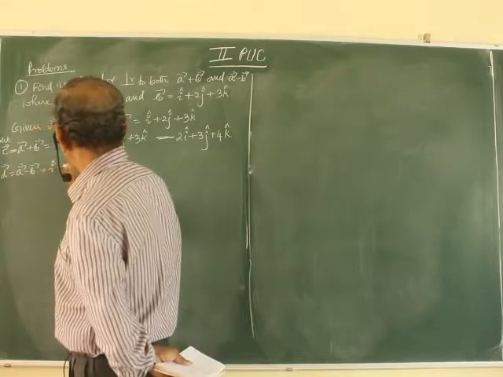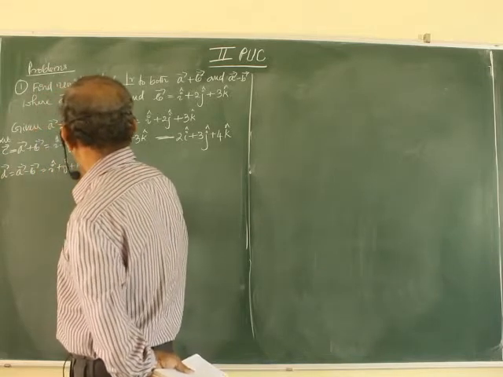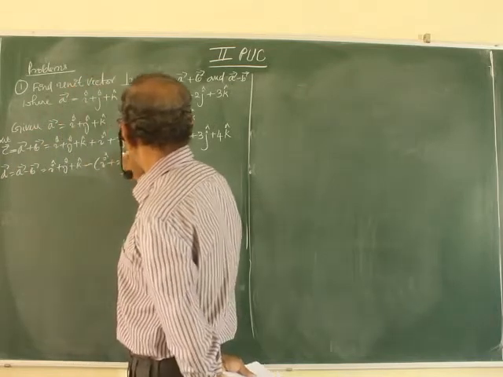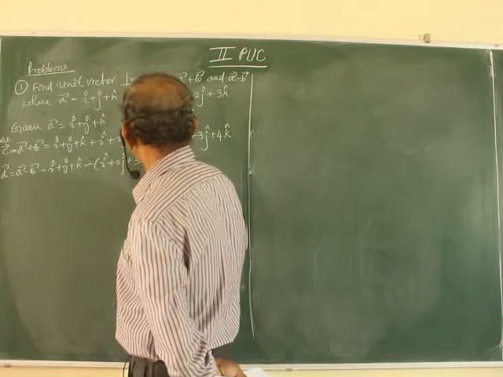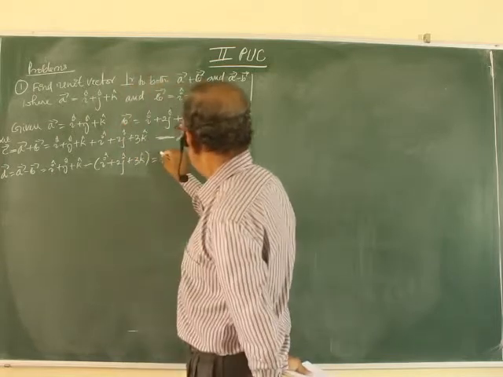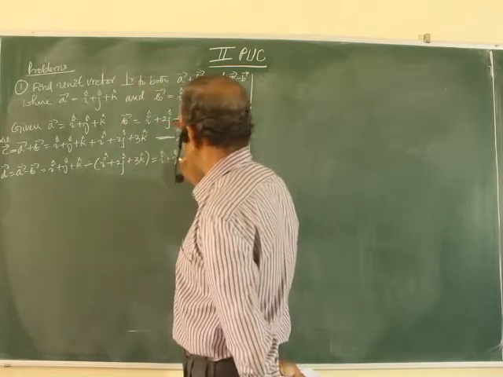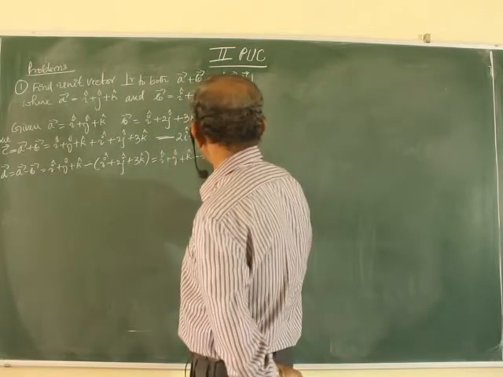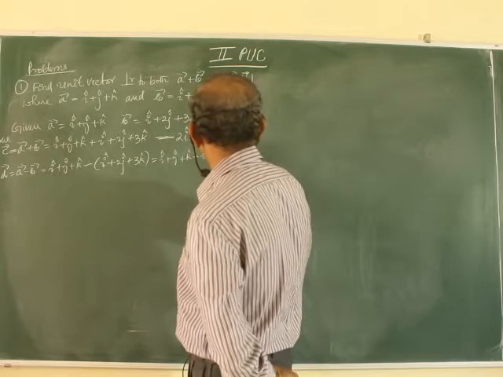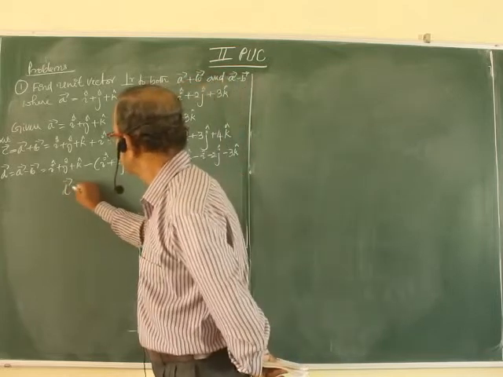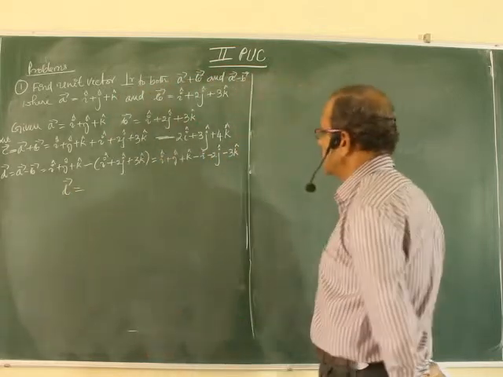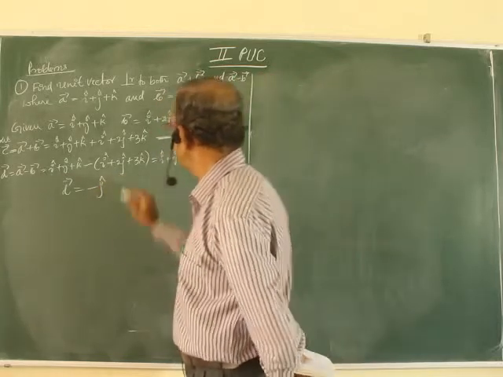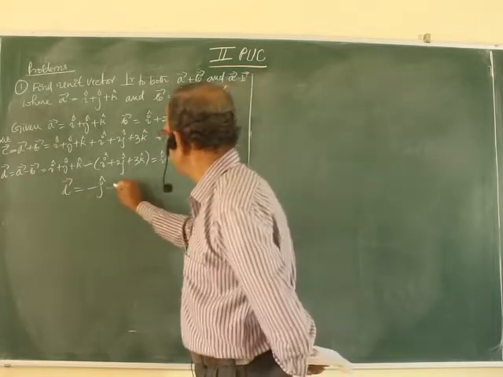i plus j plus k minus i plus 2j plus 3k, or i plus j plus k minus i minus 2j minus 3k. Subtract: i minus i cancels, j minus 2j is minus j, k minus 3k is minus 2k.